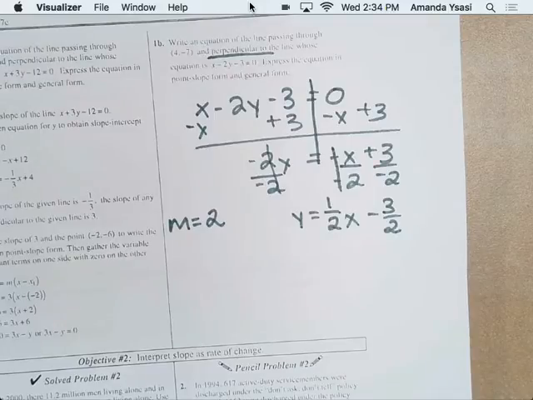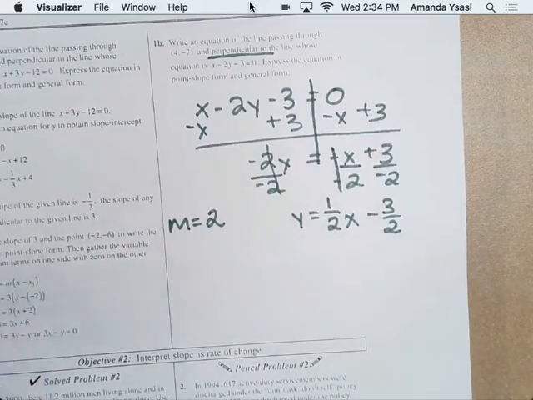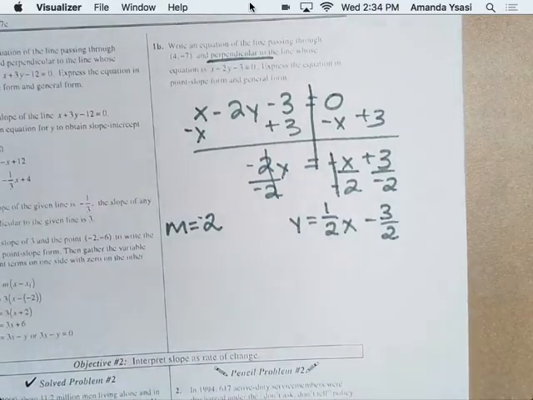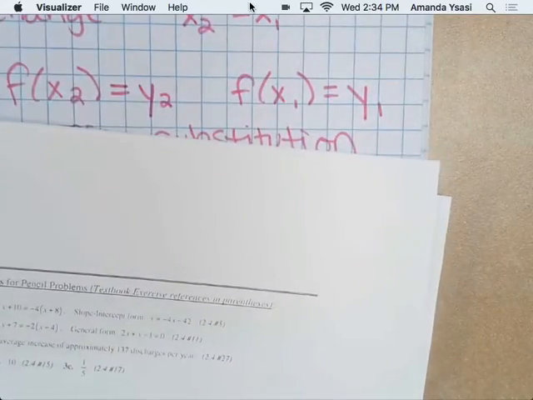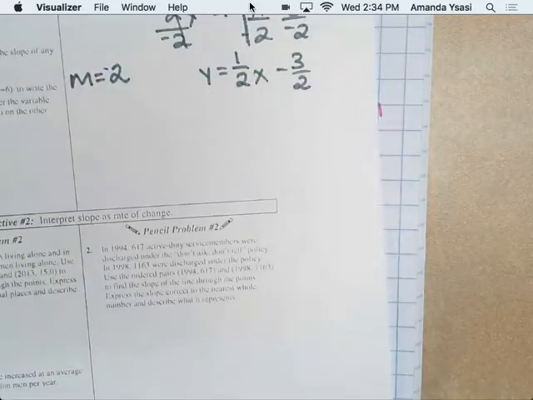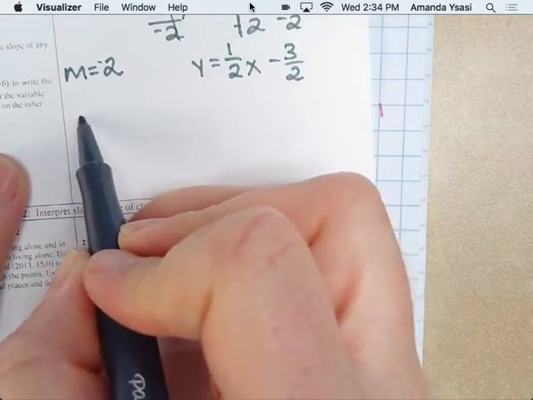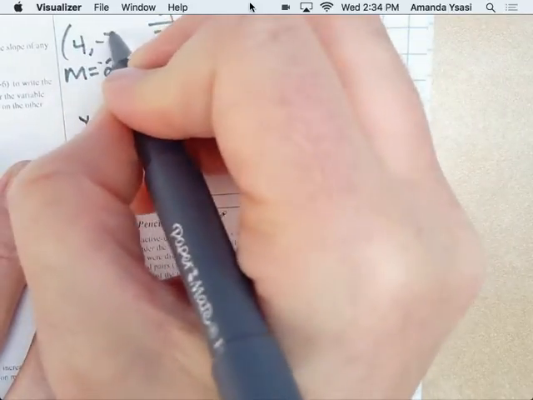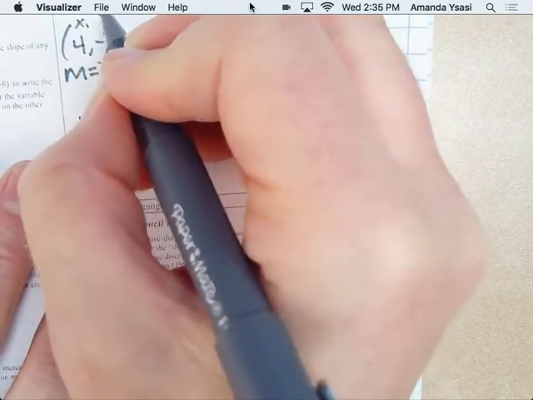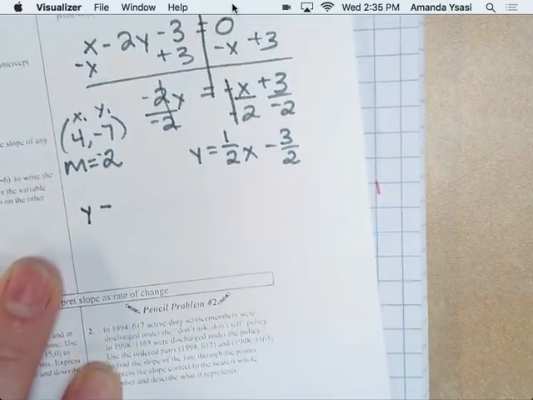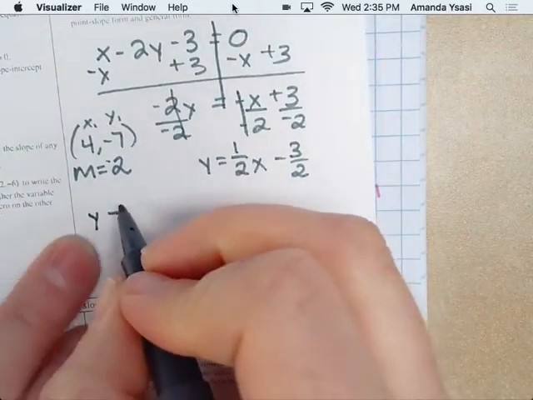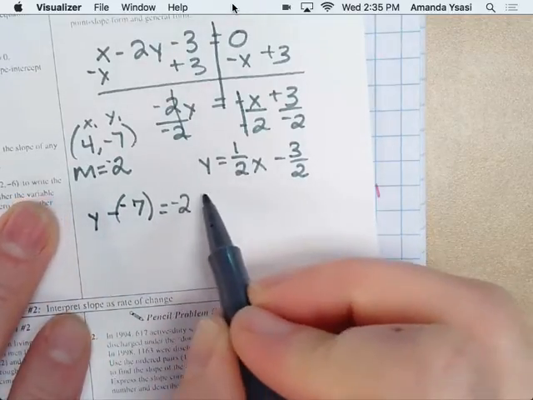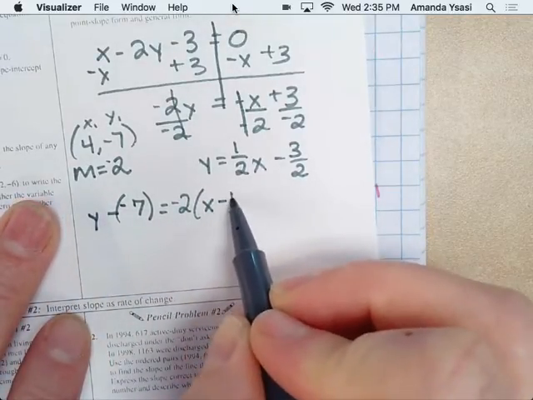Is that what y'all got? Yes, -2. Thank you. Okay, and then we are going to write y minus, our point is (4, -7), x1, y1, y minus a -7 equals -2 times x minus 4.